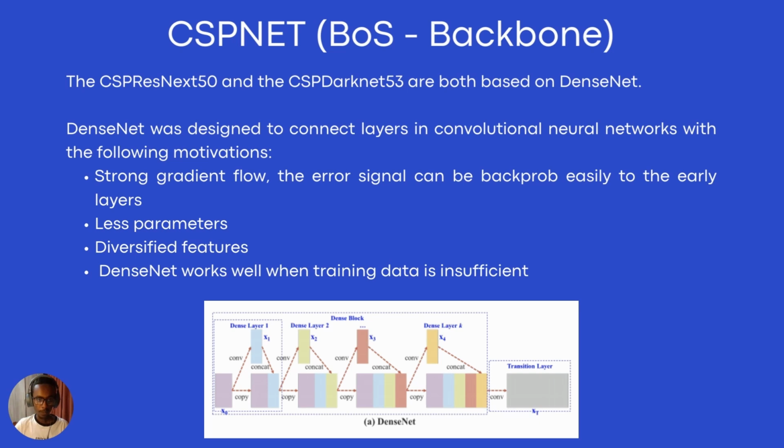So the modification that was made in DenseNet was, if you have an input feature map, as we can see in the image, you perform some convolution on that input feature map, and you send a copy of that input feature map onto the next stage.